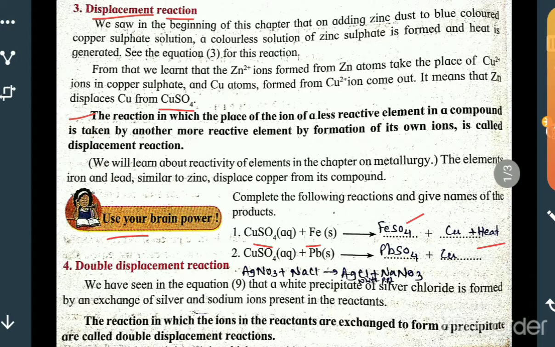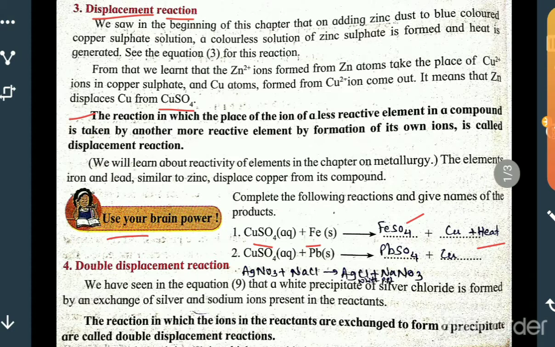We have studied what a displacement reaction is. In short, we can say that the more reactive ion or element displaces the less reactive element from its compound and takes its place. That is a displacement reaction.